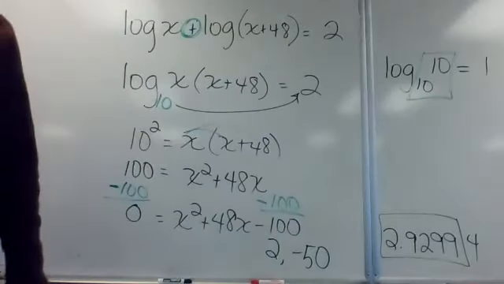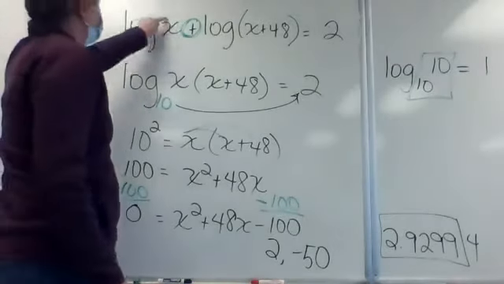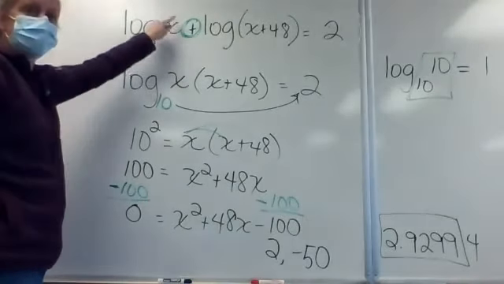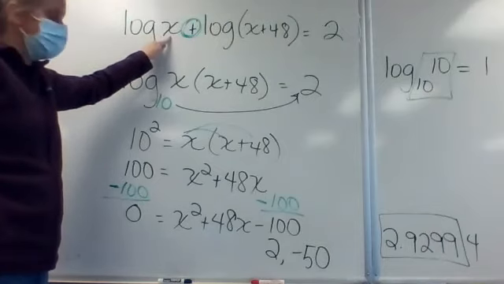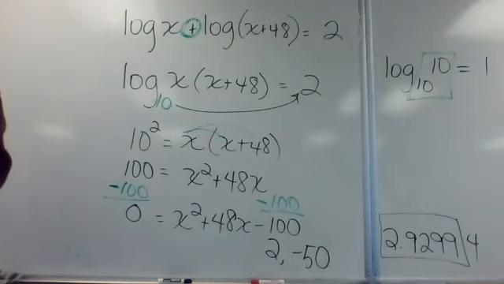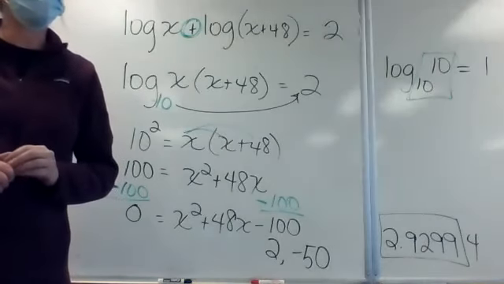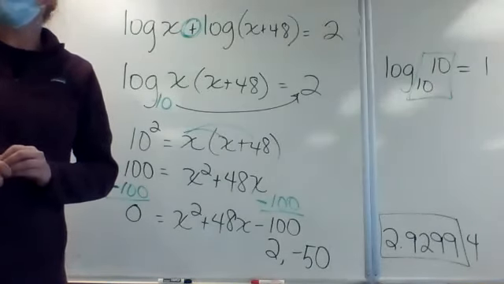Here's the thing. Remember, what are you solving for? X. So this is where your answers would be. A 2 is fine. But remember when you punched in log of a negative number, what did it tell you in your calculator? That there was a non-real answer. That's not going to work, right?